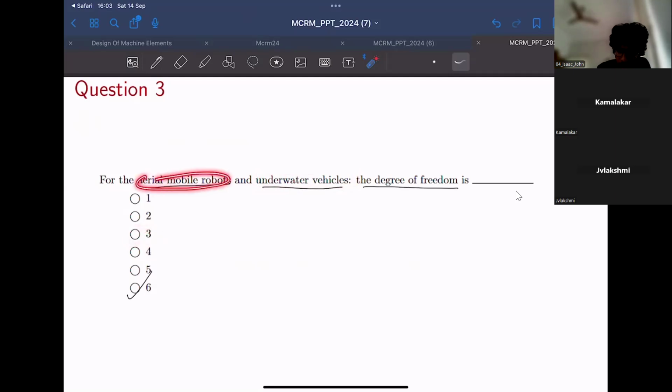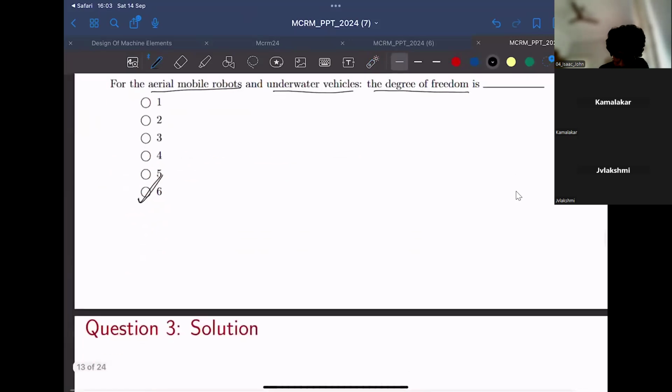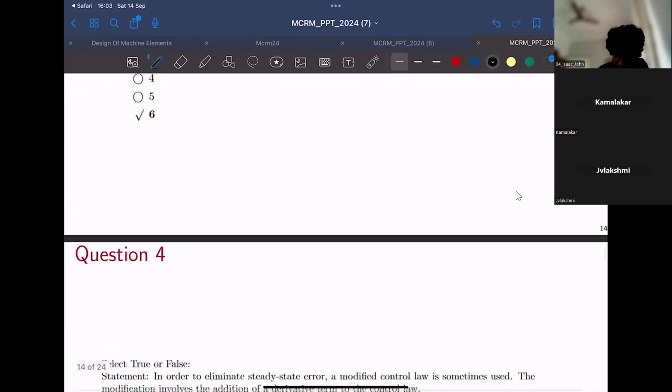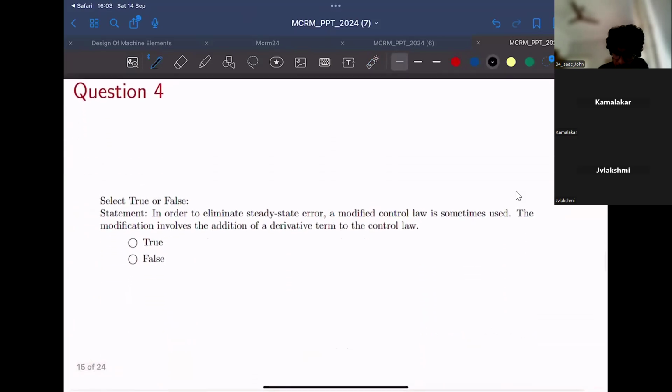But aerial mobile robots and underwater vehicles will have 6 degrees of freedom. So yeah, that is indeed the correct answer. 6 degrees of freedom. Okay, so now moving on to question 4.